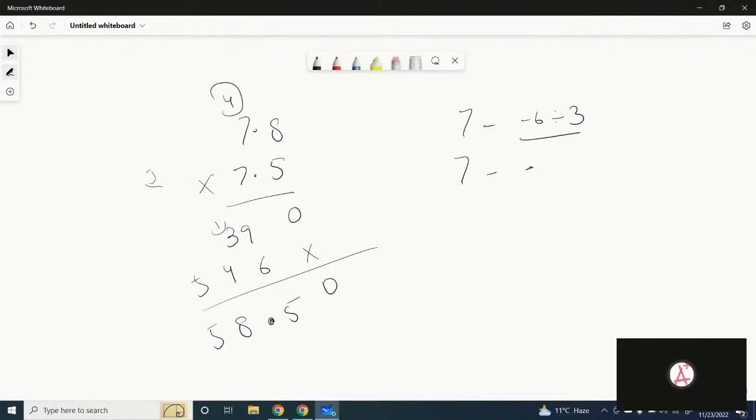So 6 divided by 3 is 2, so it would be negative 2. Subtracting a negative number is the same as adding. So it would be 7 plus 2 is 9. Got it?